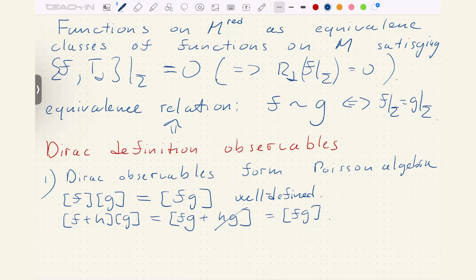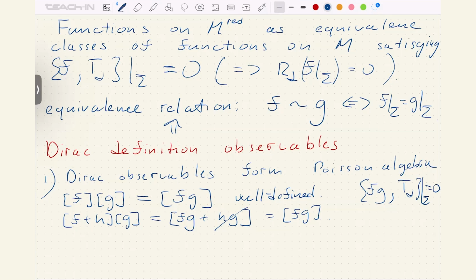So when we know that these equivalence classes are functions on the reduced phase space, we can see their multiplication in terms of functions on the entire phase space, right? Strictly speaking, we should also check that the multiplication fg satisfies the condition for a Dirac observable. But this is straightforward, right?